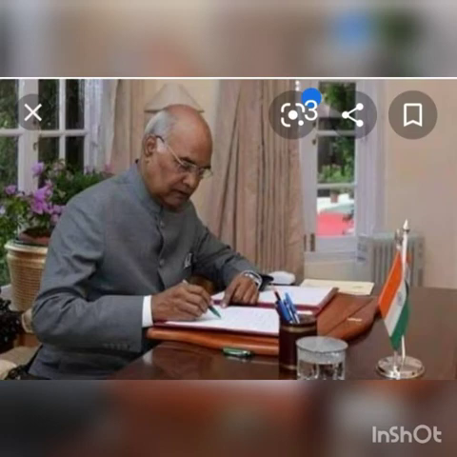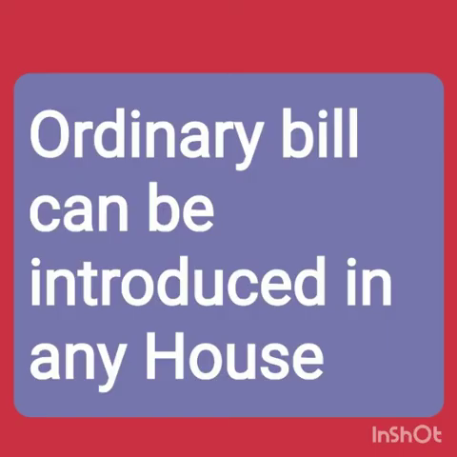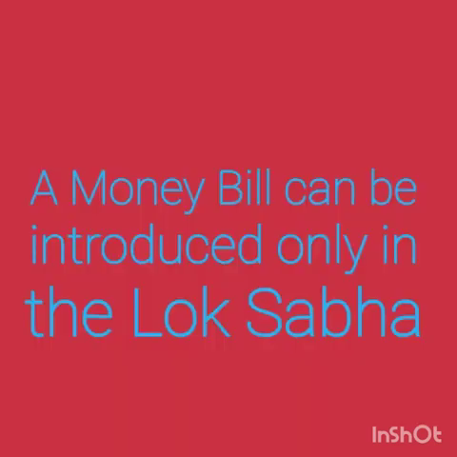Now let us move a little further. You remember I told you that there are two kinds of bills, the ordinary and the money bill. The ordinary bill can be introduced in any of the houses, but a money bill can be introduced only in the Lok Sabha. What is a money bill?